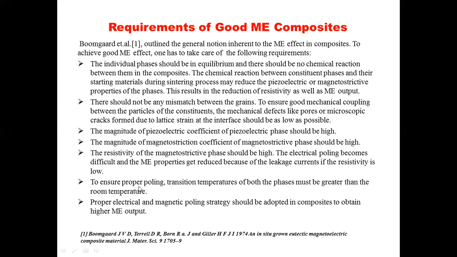So generally, during the electrical poling process, there can be some release of heat energy in the composite, and suppose the transition temperature of both the phases is low, then both the phases will lose their fundamental property, that is the ferromagnetic nature of ferrite and the ferroelectric nature of the titanates, lead zirconium titanate or other titanates.